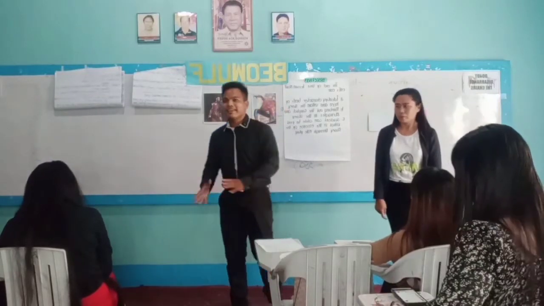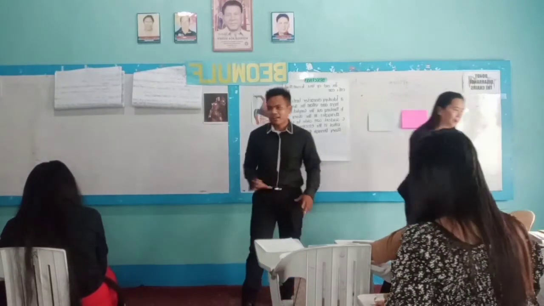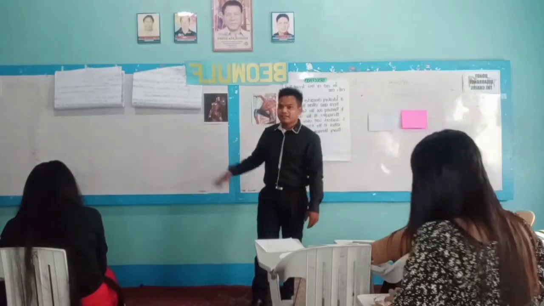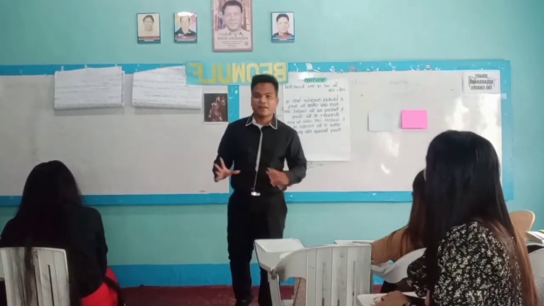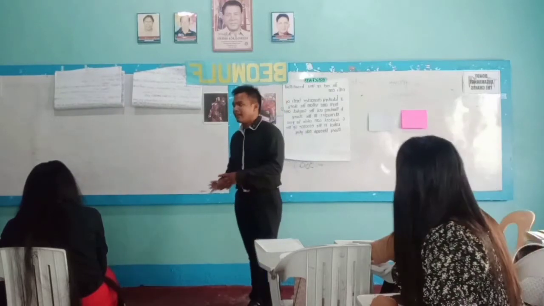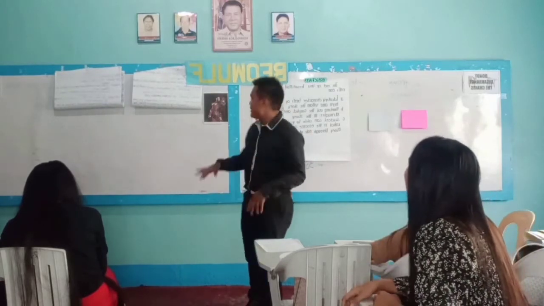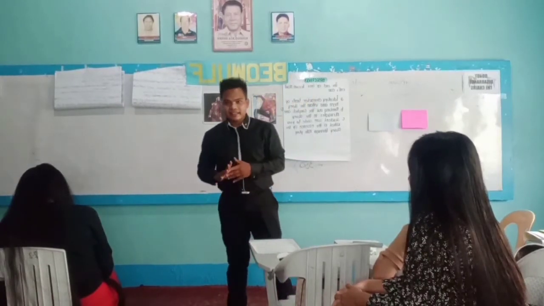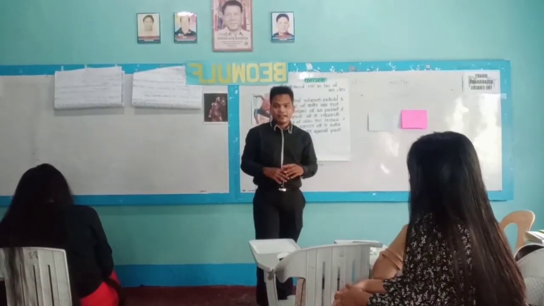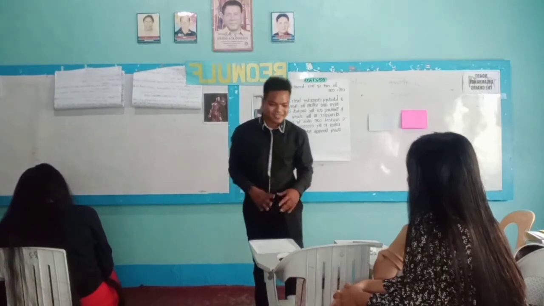Okay, good morning once again. Good morning, sir. Before we start the discussion on this topic, I will give the summary first. The summary about Beowulf. Beowulf is the main hero in the story, the protagonist, a hero of great fame in the age of Hrothgar. Hrothgar is the king of the Danes.